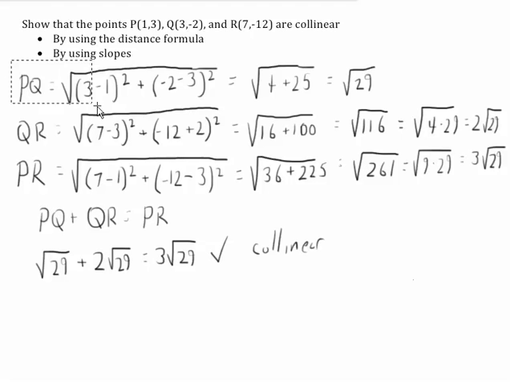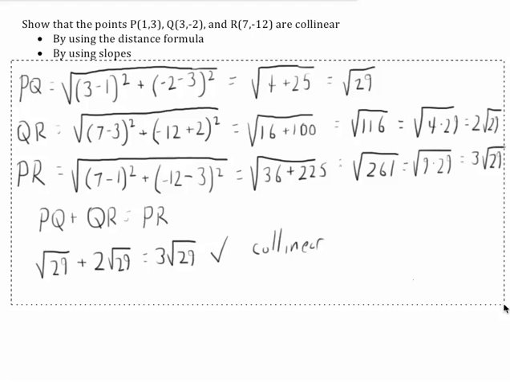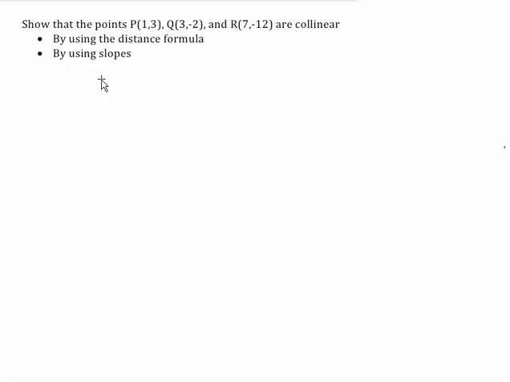Let's erase what we have here. And let's do this using slopes. So with slopes, we want our two slopes of our line segments from P to Q and from Q to R to be equal.